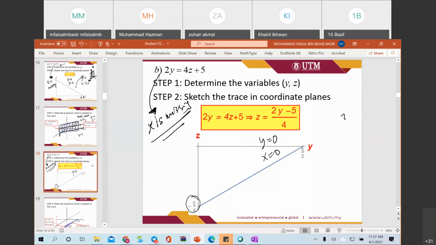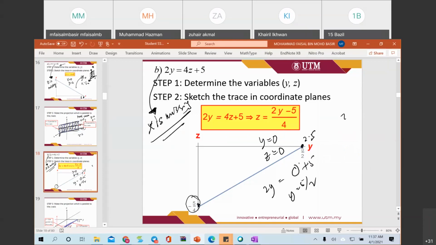When z equals 0, 2y plus 5 gives y equals 5 over 2. It is 2.5.